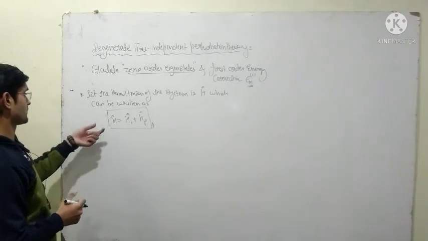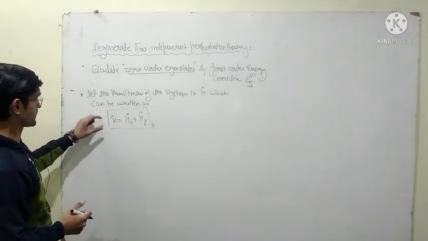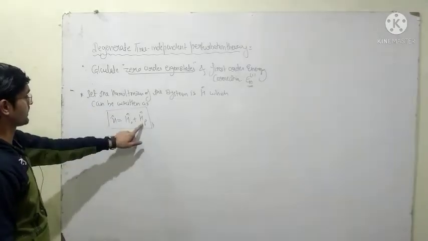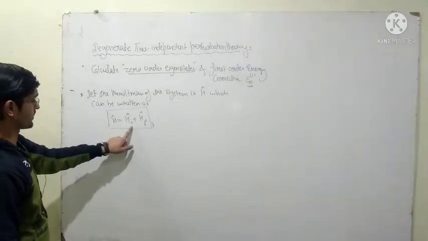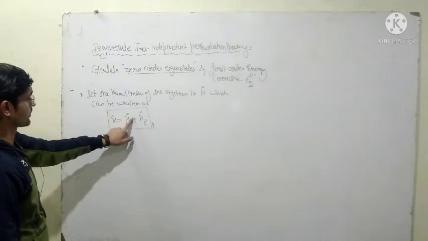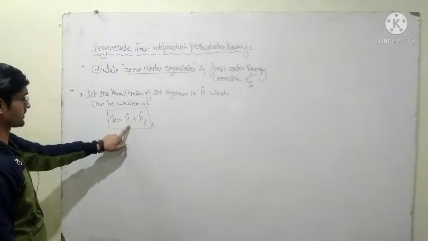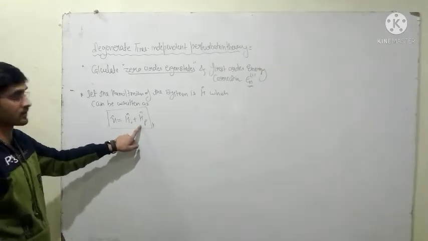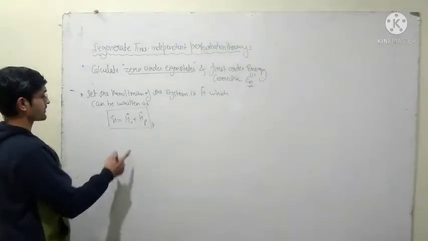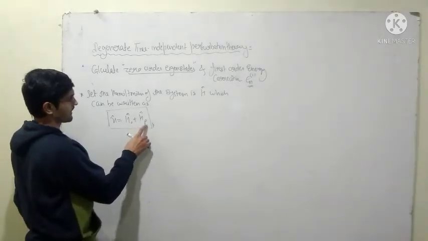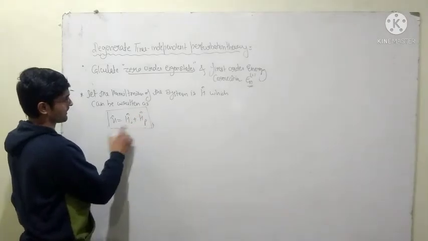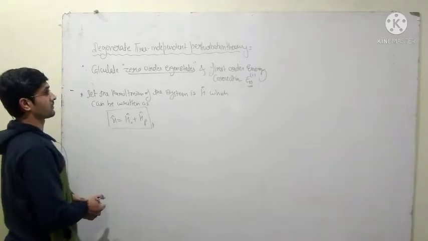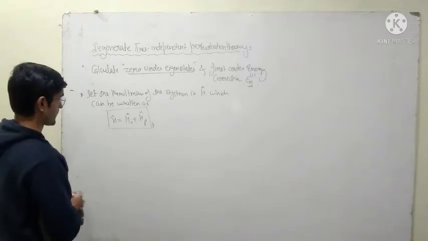We assume that the Hamiltonian of the system can be written as the sum of these two terms. One is the Hamiltonian for which we already know the solutions, and there is some perturbation, some disturbance to the system, and we assume that this perturbation is very small, the same as in the non-degenerate case.